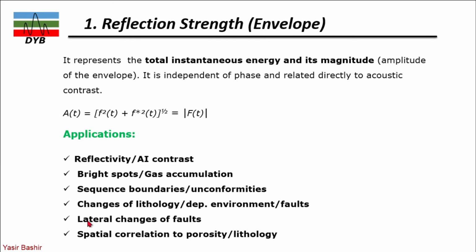Also, we can look at the lateral changes of the fault, how the fault is behaving in the subsurface, and reflection strength helps you to identify that. Last but not least, we have the spatial correlation to the porosity and lithology. Normally we use the inverted data for that.